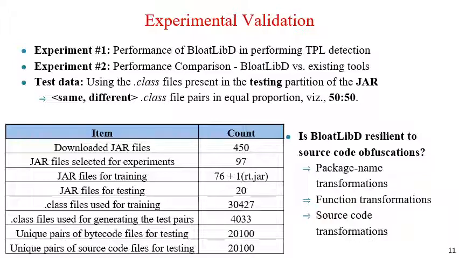The goal was whether BloatLibD is able to mark a same pair as same, whether it is able to check that the given two files are similar in nature or not. Another important thing to test was whether BloatLibD is resilient to source code obfuscations or not. For this experiment, around 20,000 unique pairs of bytecode files and source code files were used for testing.